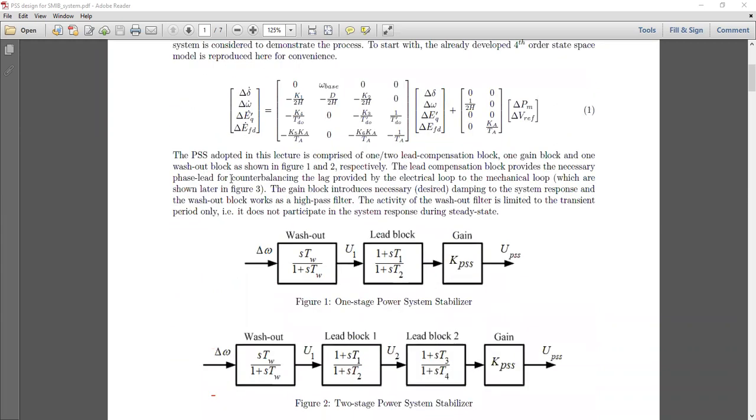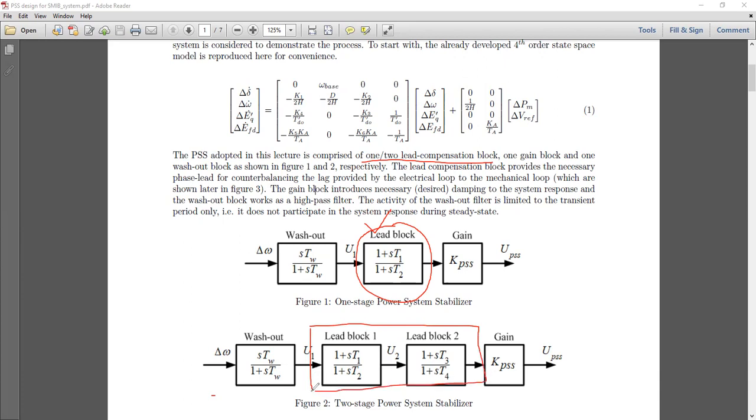Okay, so for the PSS block that we are going to adopt in today's lecture, there could be a variation in the number of blocks that are used to represent the PSS. So one option is to use only a single block. By this block over here, we are referring to this middle block, the lead block. So there could be either one block, two blocks, or even more than two blocks.